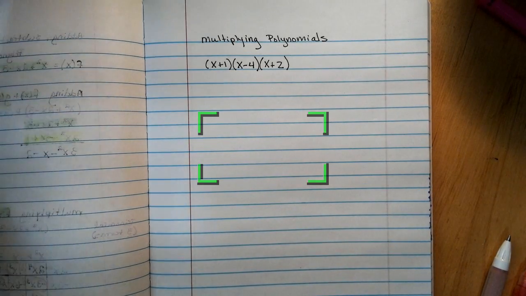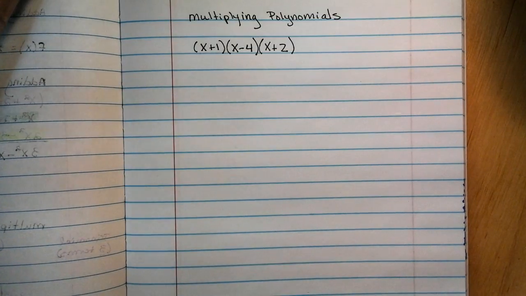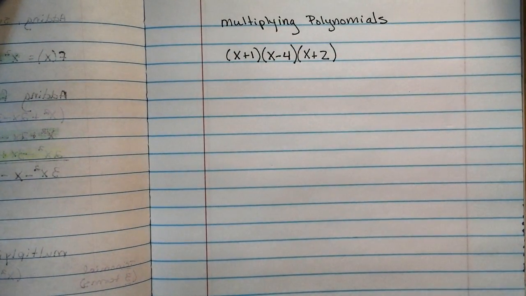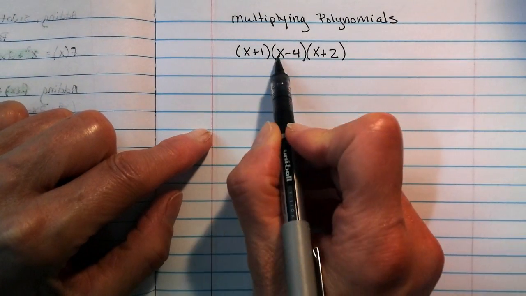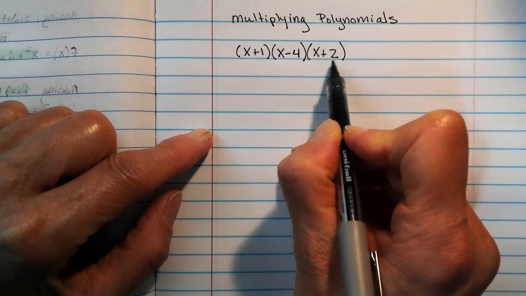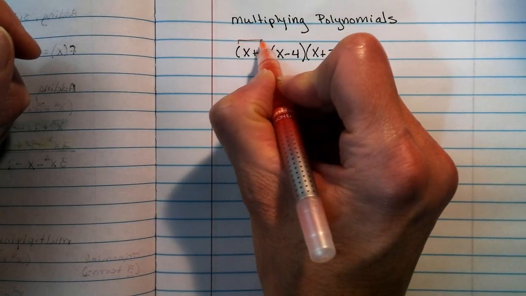In this video, we're going to focus on multiplying polynomials. We're going to multiply binomials together. So you can see here I have 1, 2, 3 binomials. So each of these is a binomial.